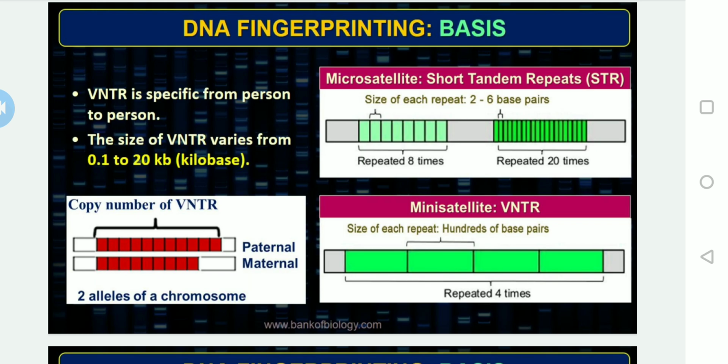The size of the VNTR varies from 0.1 to 20 kb, that is kilobase pairs, or kilobases. It varies from one person to another and is not similar in all cases. So between 0.1 to 20 kilobases, we can identify different people.